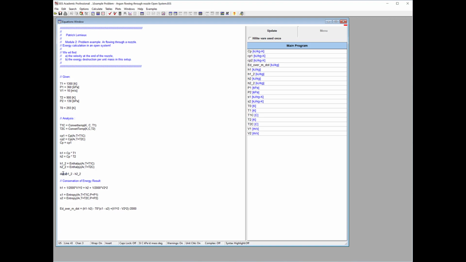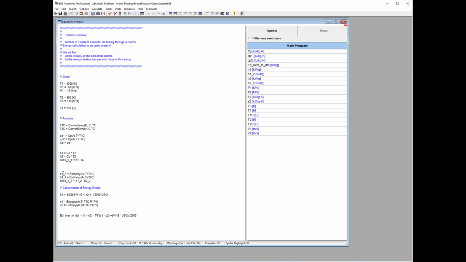Let's call that delta H2, the second delta H is what I mean here. And I'm simply going to copy that right there to do the same over my ideal gas law one. So delta H1 is equal to H1 minus H2. Does that make sense?